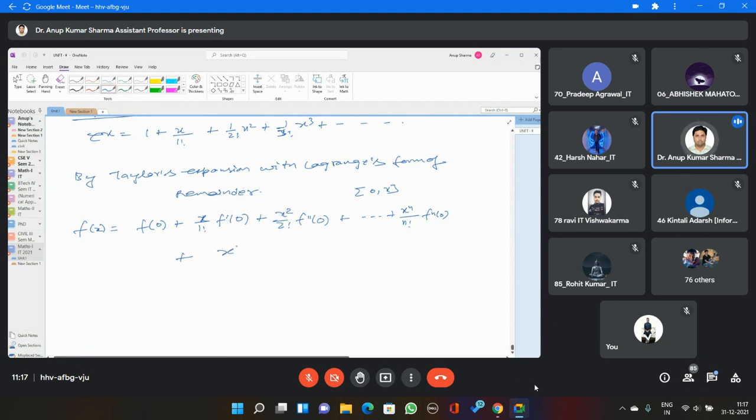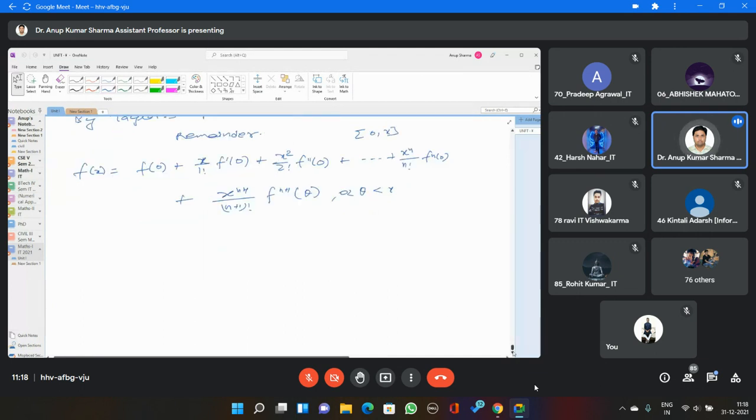This is x to the power n plus 1 upon n plus 1 factorial times f of n plus 1 derivative at theta x, where theta is less than x and greater than 0. These things are important here.